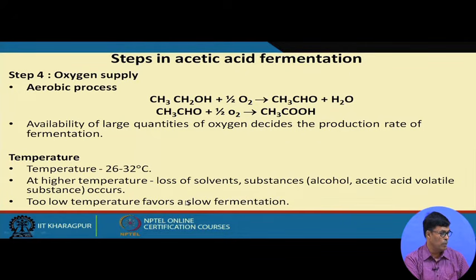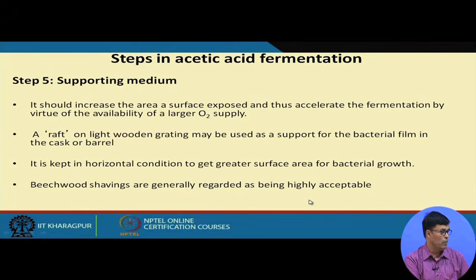Low temperature favors slow fermentation. If you reduce the temperature, the activity of the organism will be reduced, then the rate of fermentation will be slow. The supporting material should increase the surface area exposed, and thus accelerate the fermentation by virtue of the availability of larger oxygen supply. Usually beechwood shavings are used as a packing material, I shall explain the process.